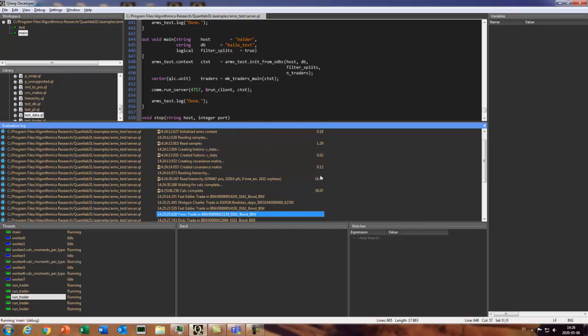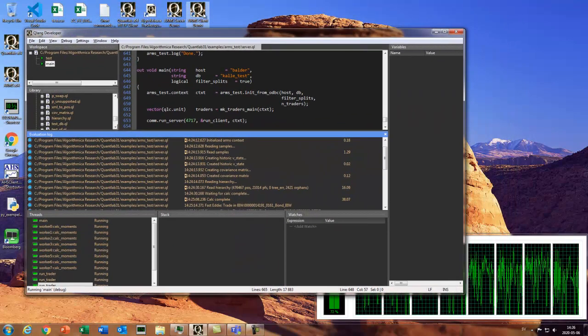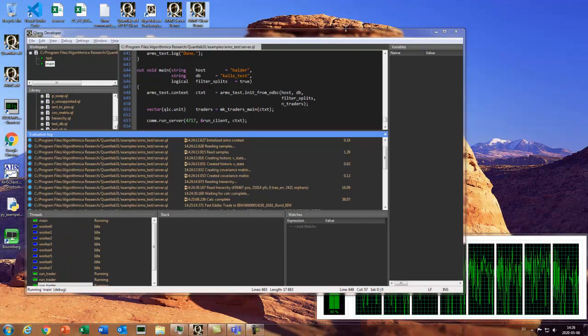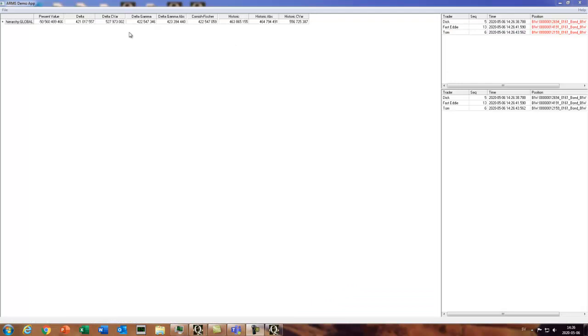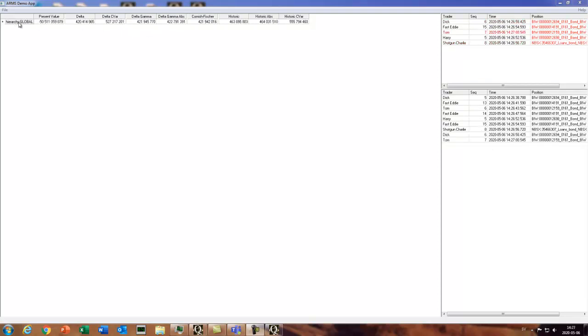to show its contents. So let's open a client so we can look at the contents. And we can see that we now have, on the right-hand side, our 3 fake traders that make trades every other second to the portfolio. And we can see what we have calculated on the total level.